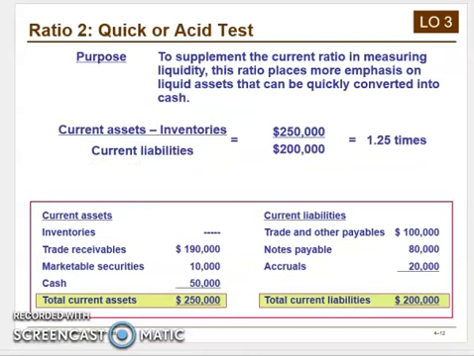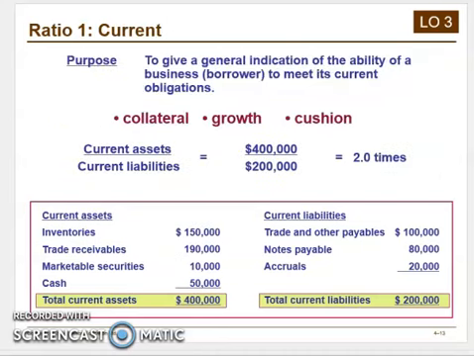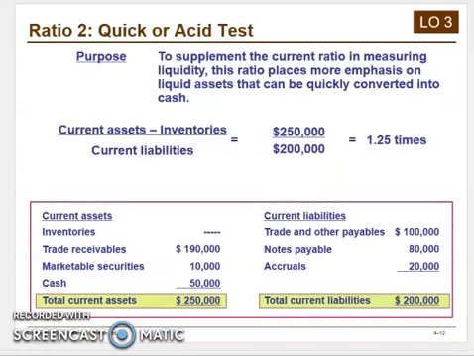Okay, so let's have a look here. What they call the quick ratio, or the acid test. They're taking current assets that can easily be converted to cash. So if we go back here to the current ratio, you can see inventory is included in that one. But for the quick ratio, inventory is not.